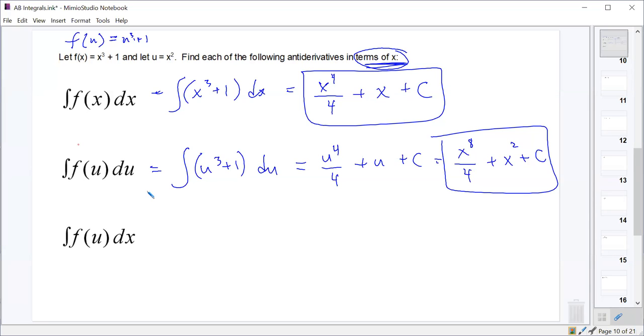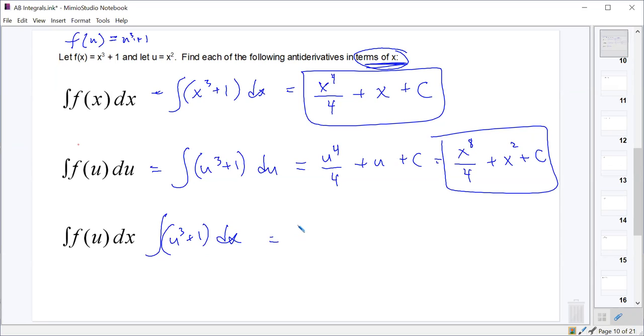So what about this one down here, f of u dx? That would be u cubed plus 1 dx, which is a problem. Why is that a problem? The variables don't match up. Yeah, the variables don't match up. So how do I make the variables match up? I need to turn this u into terms of x so that I can integrate it.